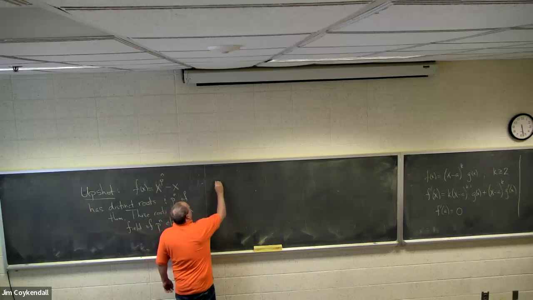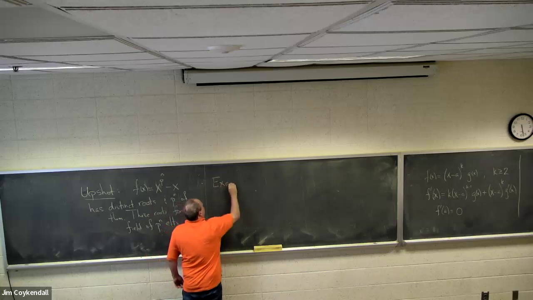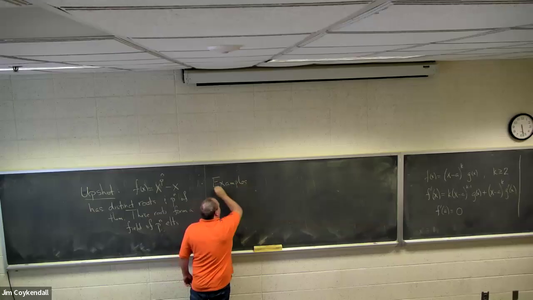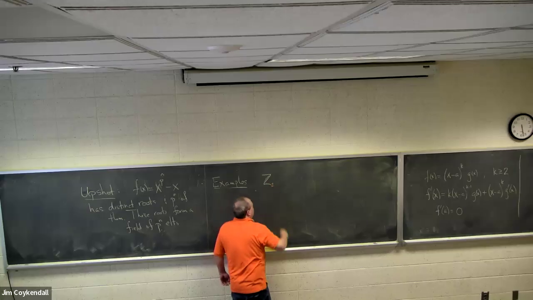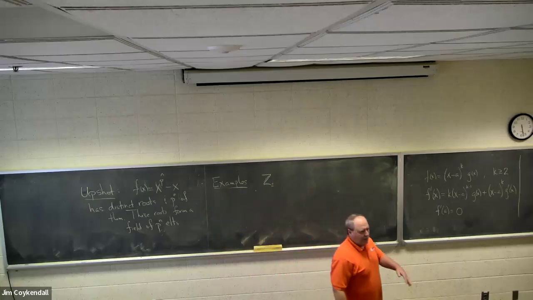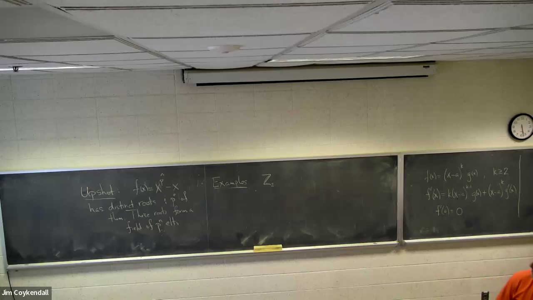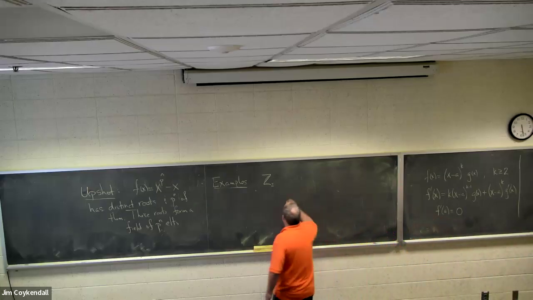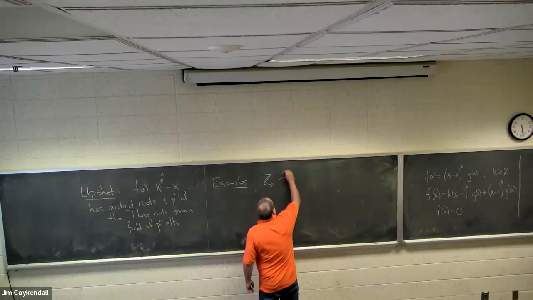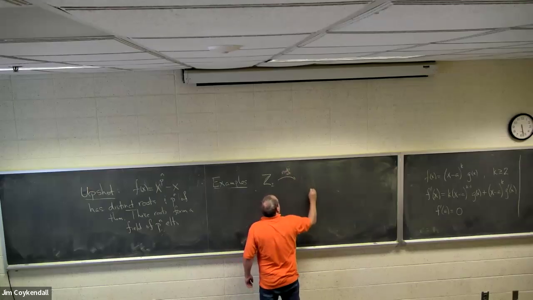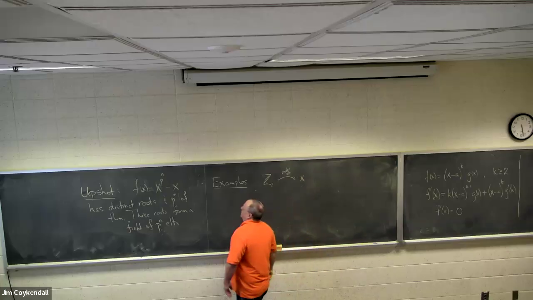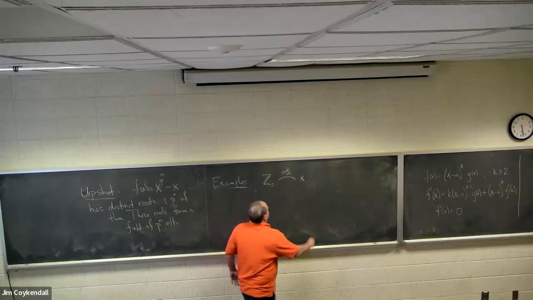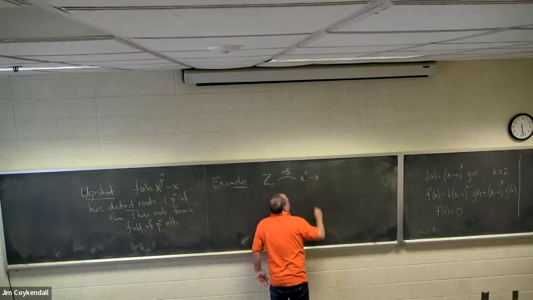So, let me start with a stupid example. And I'm going to do everything over Z_2 just because it's easier to do the computations. This should be the roots of x to the 2 to the 1 minus x.